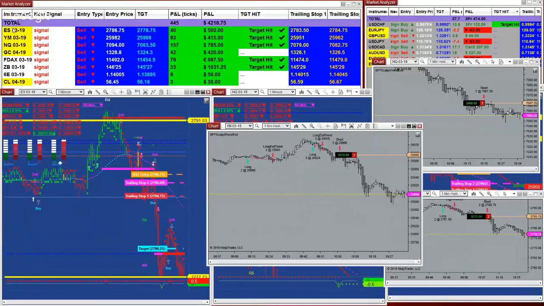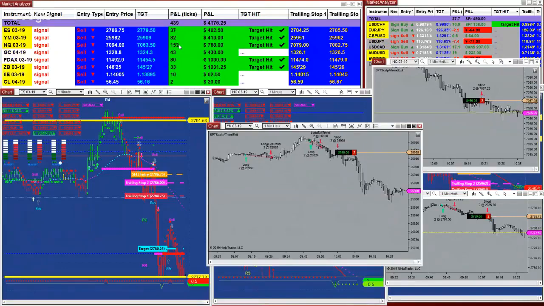We are trading only one ES, one YM, and one Nasdaq contract. We have 38 ticks on one contract of Nasdaq, 82 ticks on the ES, and 156 on the YM based on one contract. So this is a very serious business, guys.